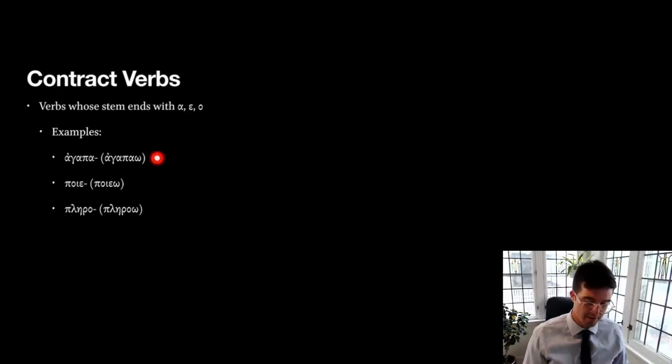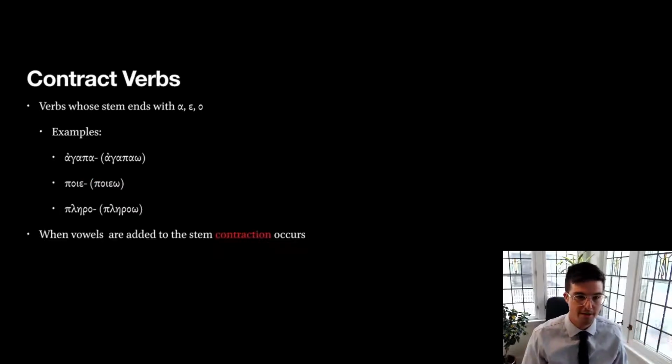So our three go-to examples for this video are agapao, poieo, plerao. The stems end in alpha, epsilon, or omicron respectively. I said omega earlier; I meant omicron, of course.